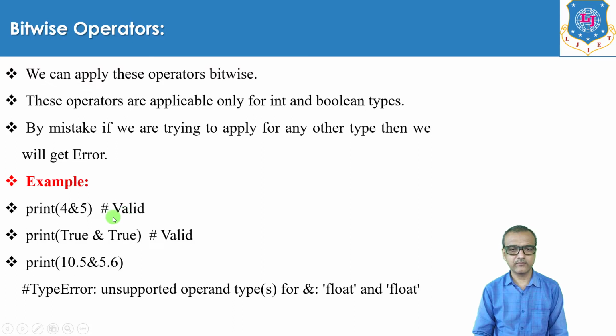This is valid because here 4 and 5 are both int values. Then print true and true. This is also valid. Why? Because we are applying the bitwise operator on boolean type. Print of 10.5 and 5.6. This is not valid. It will give you a type error: unsupported operand types for AND, that is float and float.